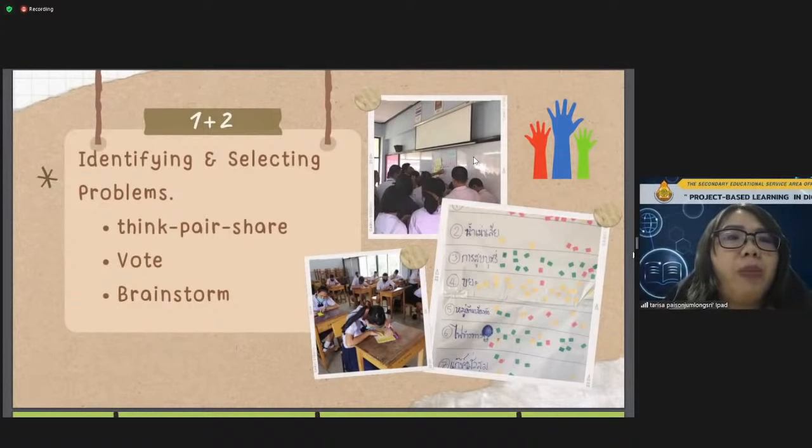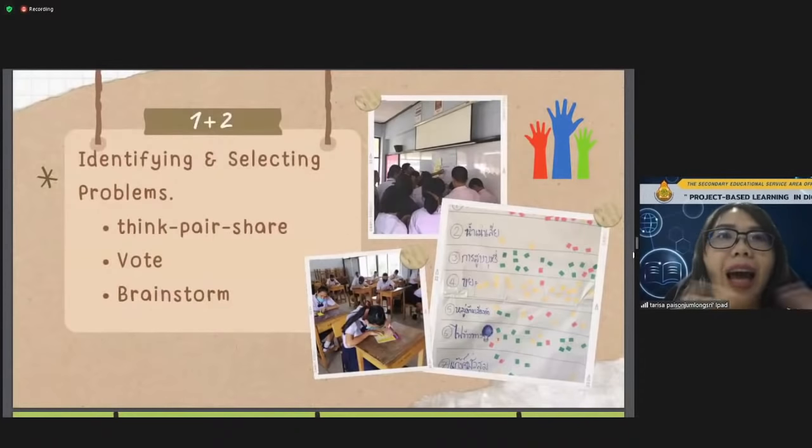The issue could be a problem in the country, in the local area, in their community, or even in their school. Then they have to find a way for the entire class to agree on just one single topic.